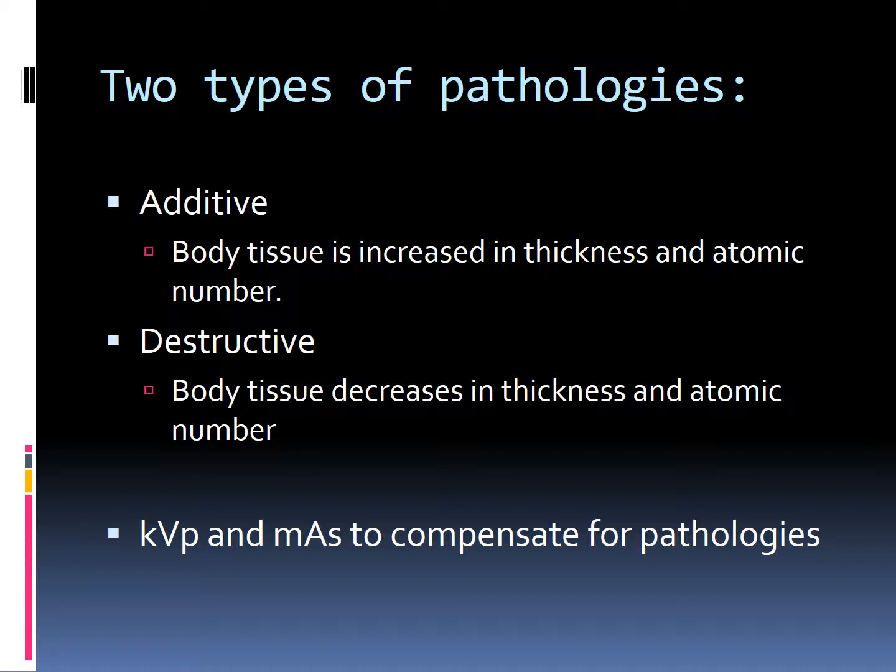So this means with destructive conditions such as emphysema, I don't want to use 120 kVp if that's the norm. I would rather go down to 100 kVp and make up for the mAs if possible. If you do use 120 kVp on an emphysema patient, you are over-penetrating the part. So keep in mind, some of those rules in film screen do apply in the digital world.